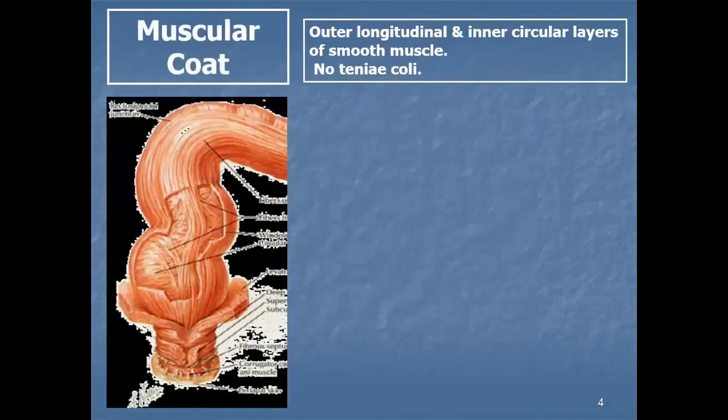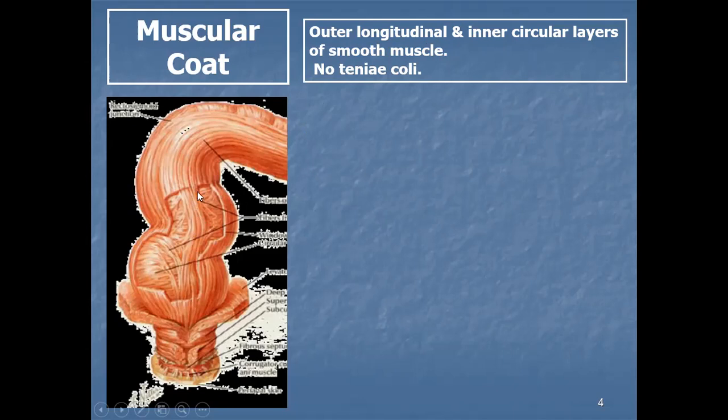Coming to the musculature, you see here the outer longitudinal and the inner circular muscle fibers. This is studied much better in histology. Here you can see the outer longitudinal and the inner circular smooth muscle fibers. There are no tinea coli.